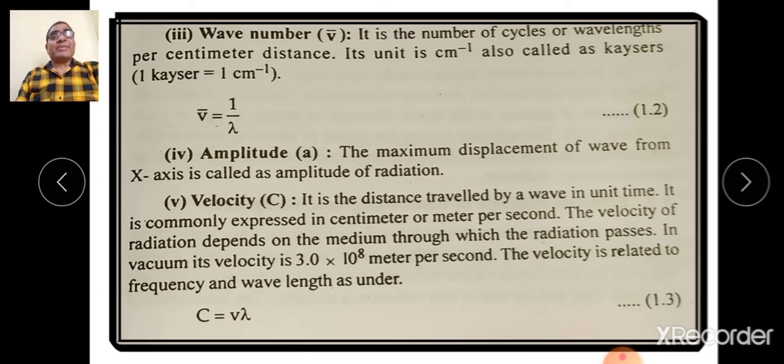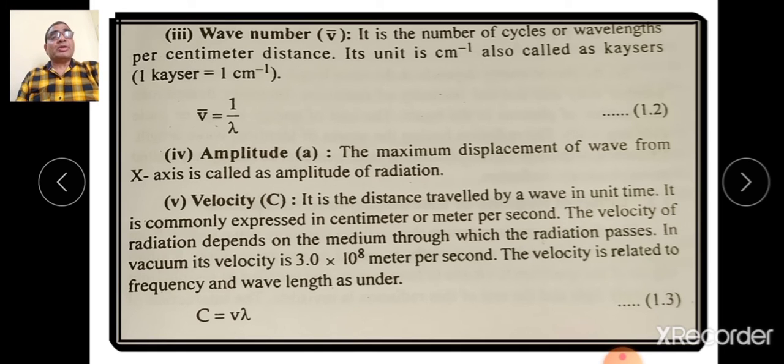Next parameter is amplitude denoted by small cap letter A. The amplitude is the maximum displacement of wave from the line of propagation, that is x-axis. Next parameter is velocity. It is the distance traveled by the wave in a unit time. It is commonly expressed in centimeter or meter per second.